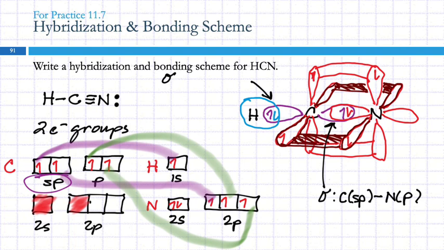So this is a sigma bond between carbon and hydrogen. And what kind of orbital is carbon using? It's using an sp, right? And what kind of an orbital is hydrogen using? S.